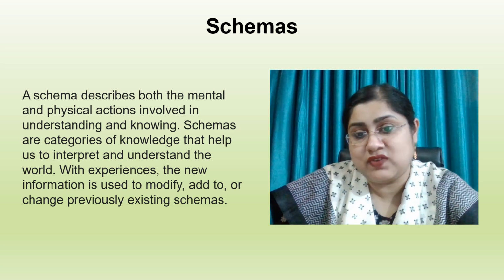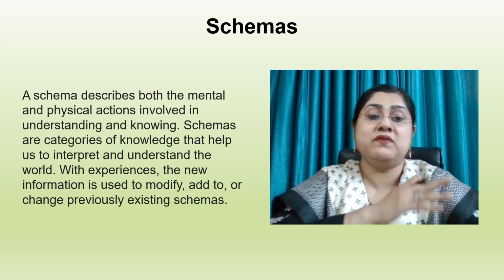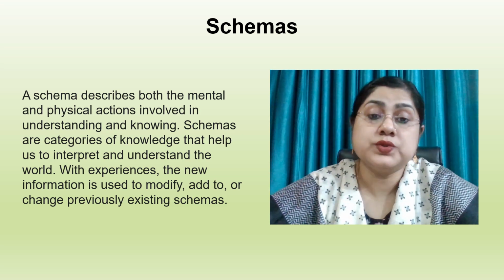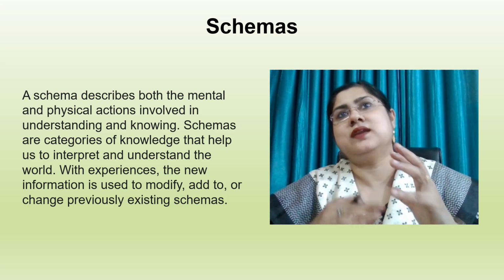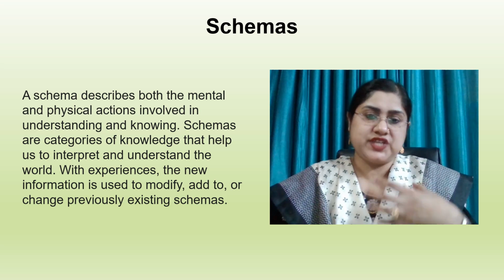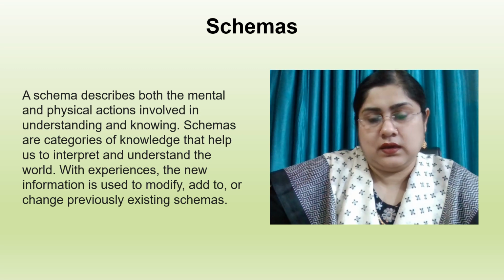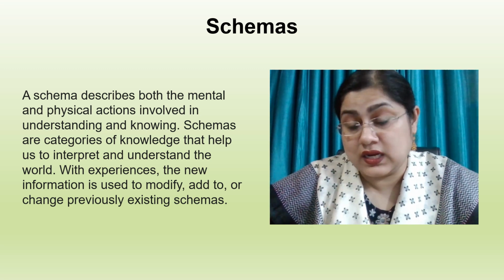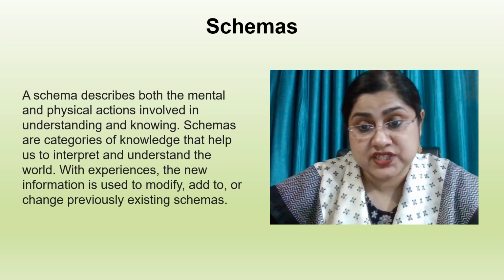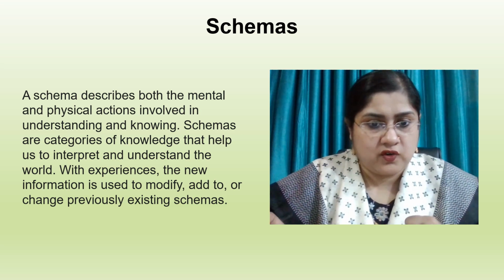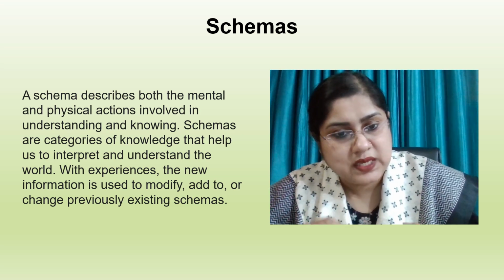So now the child will take this new information, and will modify the previously existing schema to include the new observations in this new cat. So now the child might have a new schema which can be defined as that cats are of different sizes, and they might have different colored furs, and the fur can be of different texture. So this is the new information which is added, and by the addition of this new information, the schema is now changed.